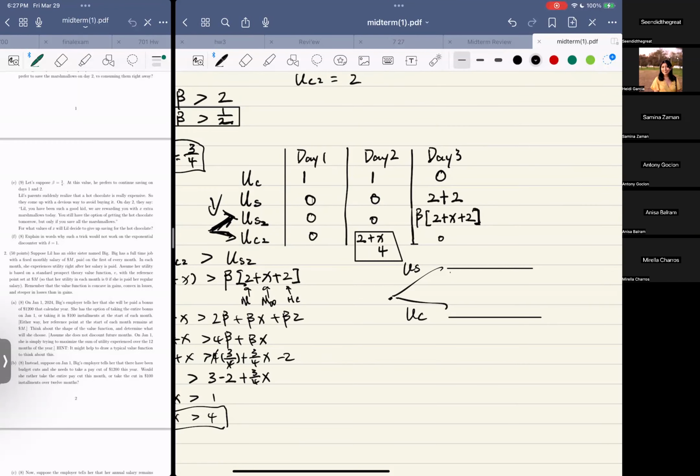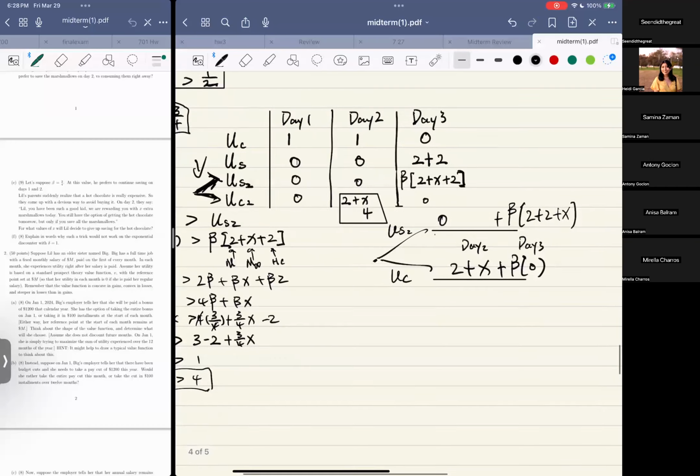Because you are on day 2, consume is 2 plus X, and saving is 0 on day 2 plus beta discount of the future value, which is 2 plus 2 plus X. Then you set UC greater than US. It's the same thing. You'll get the same answer.